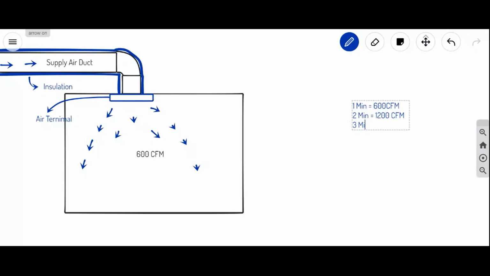Third minute it will be 1800 CFM. 10 minutes में, in the 10 minutes it will be 6000 CFM. In 1 hour it will be 36,000 CFM.